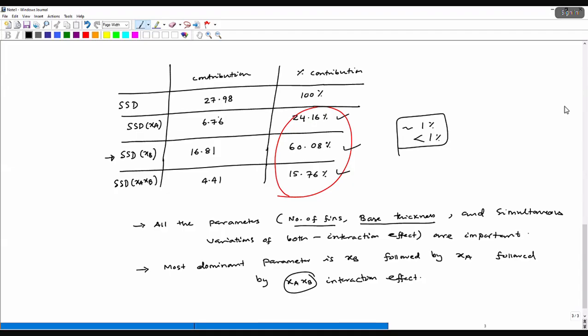I said that all of them are important, but that doesn't mean that all of them are equally important. I also wrote that the most dominant parameter is XB. So that means if you really want to do the experiment, your XB has a greater impact, which means you should vary it with a smaller increment as compared to XA.